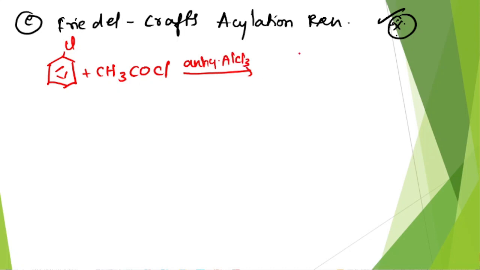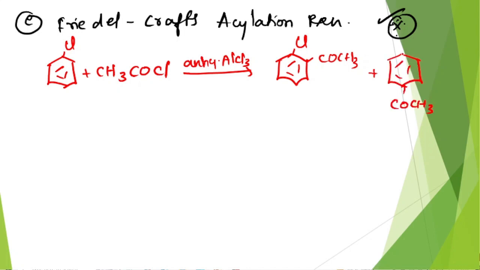We are going to get the benzene ring with Cl and COCH3 attached. The placement of COCH3 can be of two different types. Here also COCH3 will be attached and Cl will be attached, with the liberation of HCl.